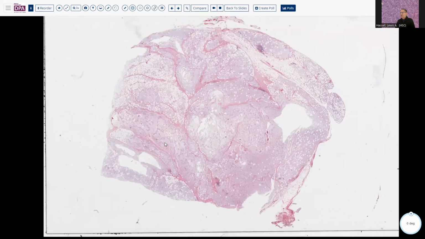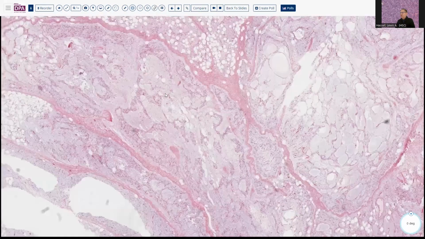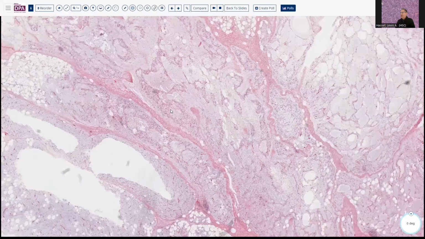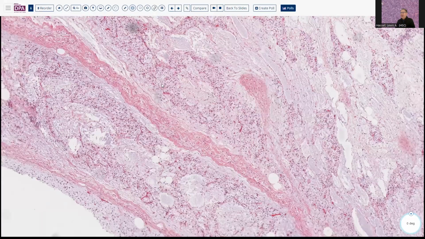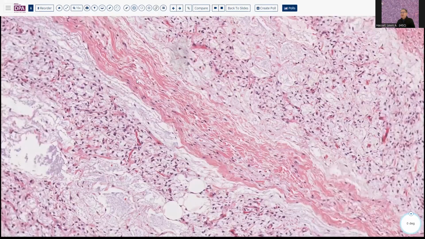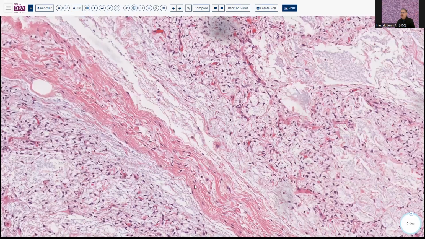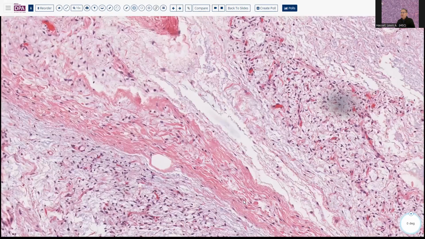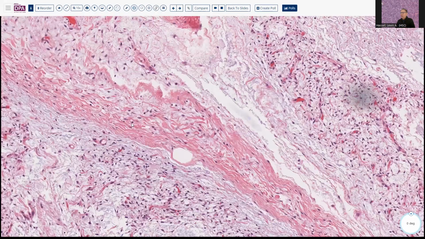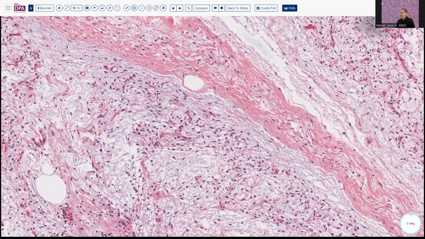Here is kind of the extreme example of myxoid change in a retroperitoneal tumor that did have an MDM2 mutation. And you can see here there's relatively few of the atypical stromal cells in the fibrous septae, but out here in this more myxoid area, there's a little bit more of this.